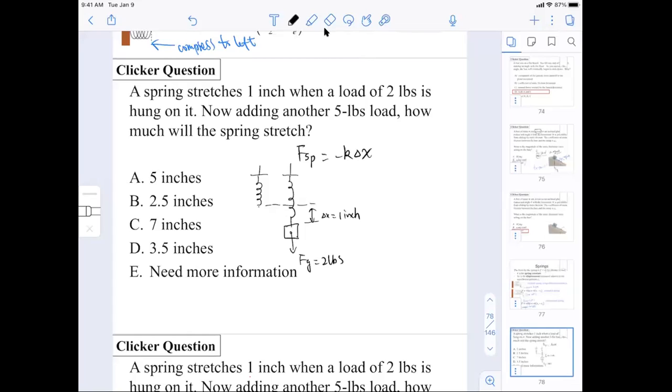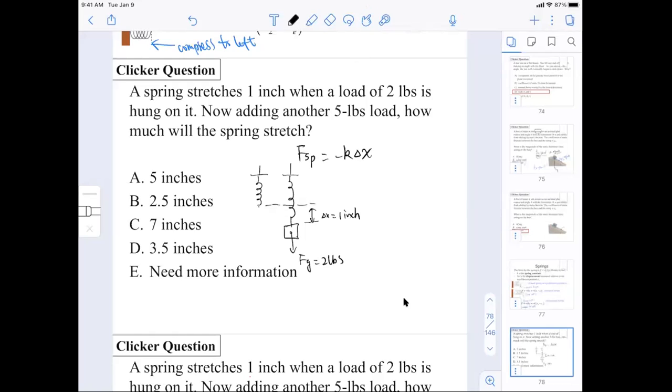Another 20 seconds, okay? Any last minute vote before I close the poll?